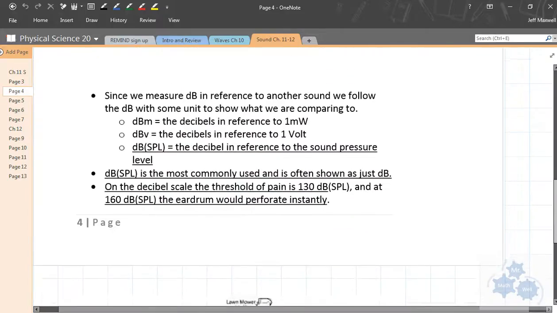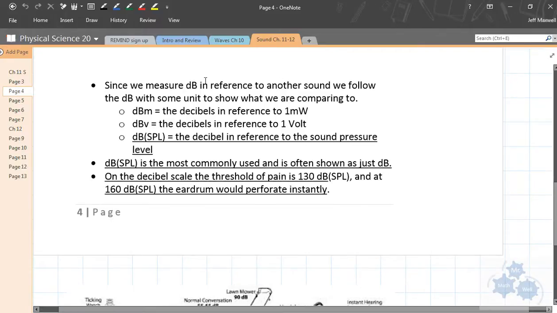Okay, just to complete this, here's some other things. You don't have to write this down, but this part you do. dB SPL, the decibel in reference to the sound pressure level, is really what we're talking about when we talk about decibels, the sound pressure. dBm, dBV, don't write that stuff down.